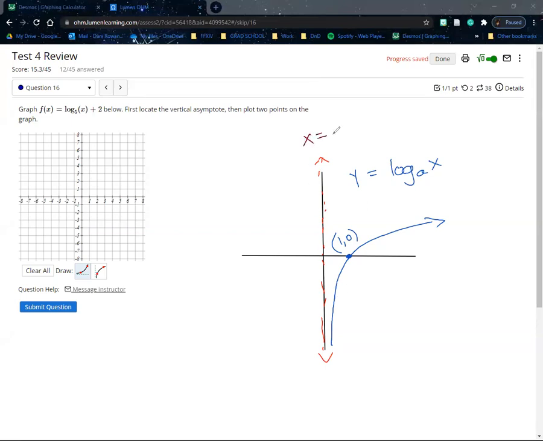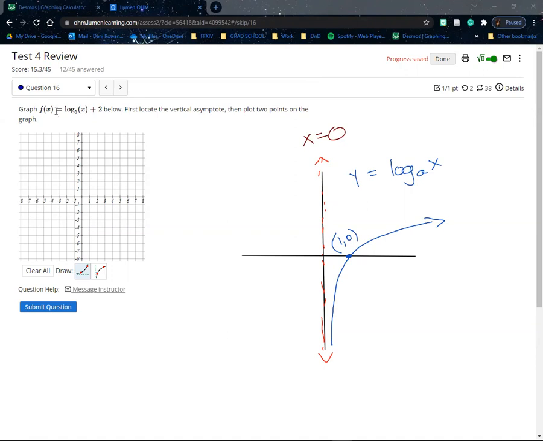X equals what? Not 1. What does it never touch? Oh, 0. Yeah, it never touches 0. So depending on whether it's been shifted up or down, it's not going to change, right? But if it's been shifted left or right, that's going to change the asymptote.